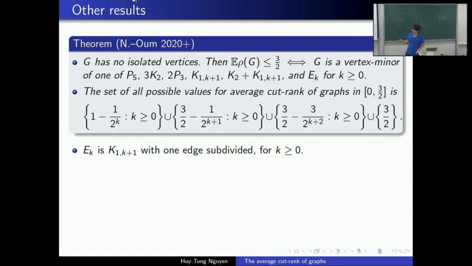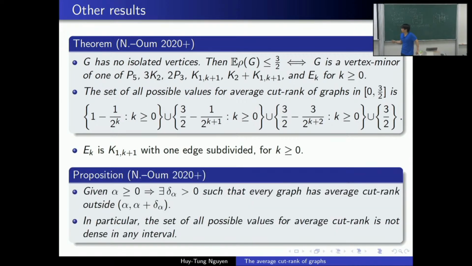There is actually a result which says that given a non-negative alpha, there is some delta alpha such that every graph has average cut rank outside this open interval. So it justifies the discrete property of the set here.